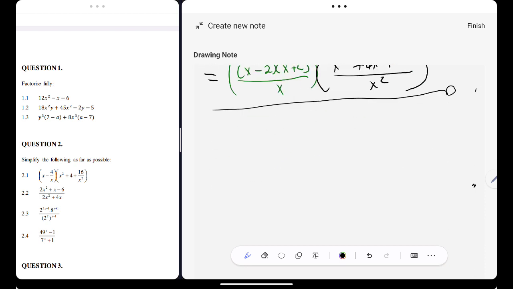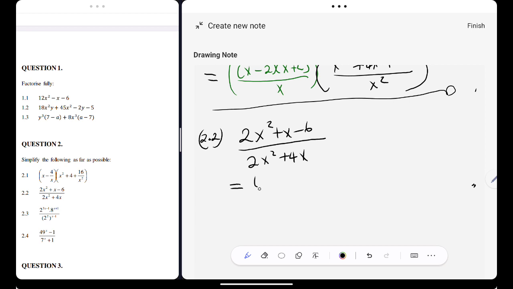Okay, and then 2.2, I have 2x squared plus x minus 6 all over 2x squared plus 4x. Right, together.